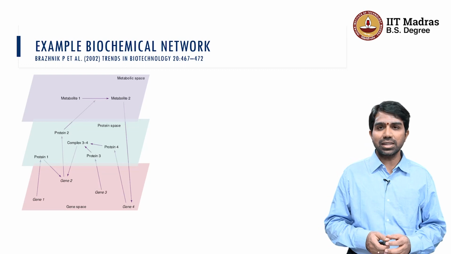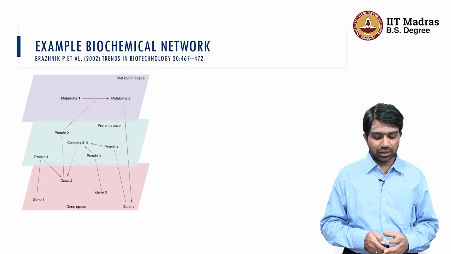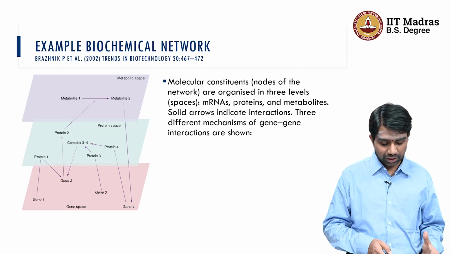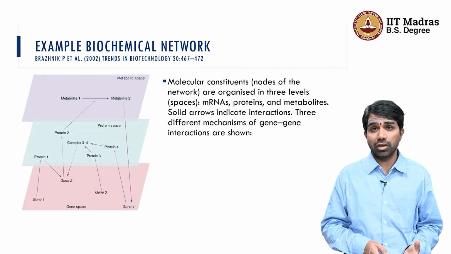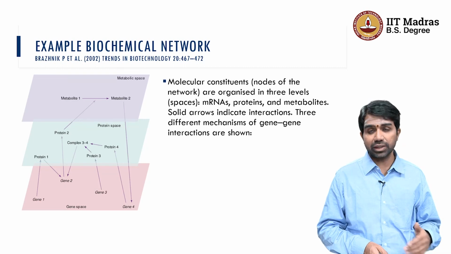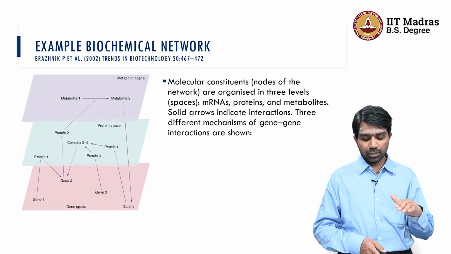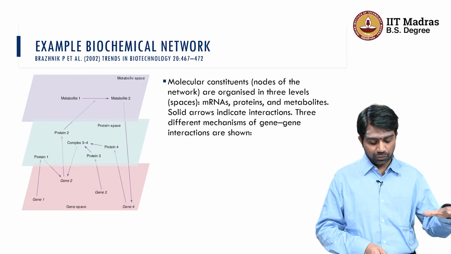So let's look at an interesting example network to fix certain ideas. What is it that we are looking at here? We are looking at genes, proteins and metabolites. These are the molecular constituents of the cell, captured as nodes in your network, and they are organized in 3 levels: mRNAs, proteins and metabolites. Think of these as 3 different spaces.